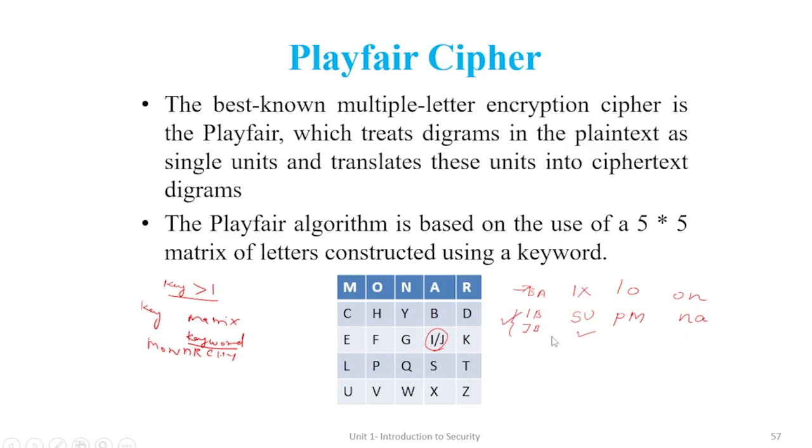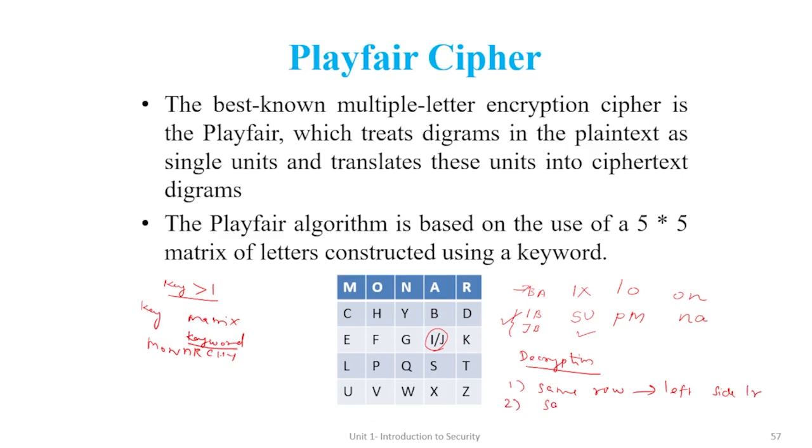If you want to retrieve the plaintext from the given ciphertext, again you refer to the same matrix. I am writing the notes for decryption. If the letters occur in the same row, you write its left side letter.